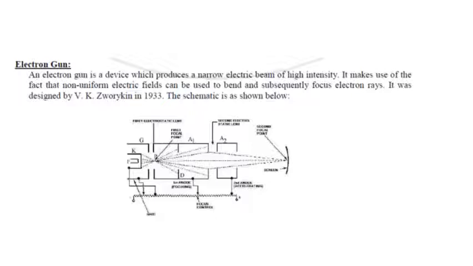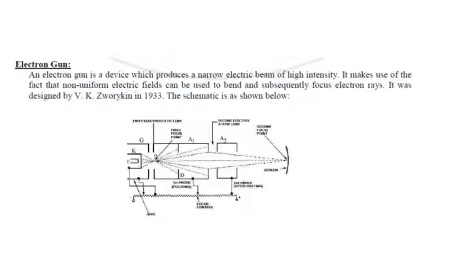Electron gun means a stream of electrons which is highly focused and has high velocity. It should be focused at one point. This produces a narrow electron beam of high intensity. It makes use of the fact that a non-uniform electric field can be used to bend and focus electron rays.